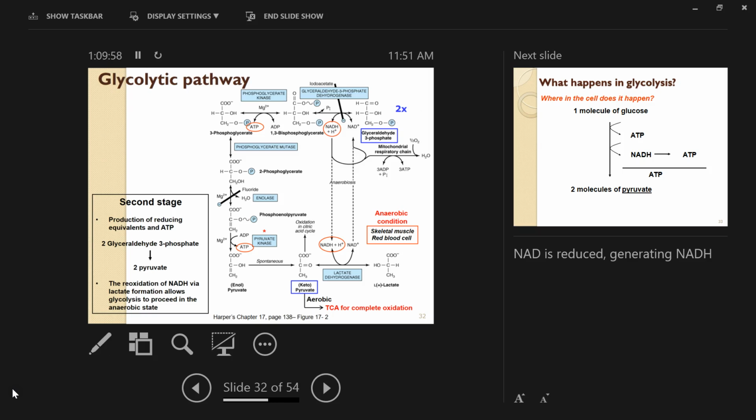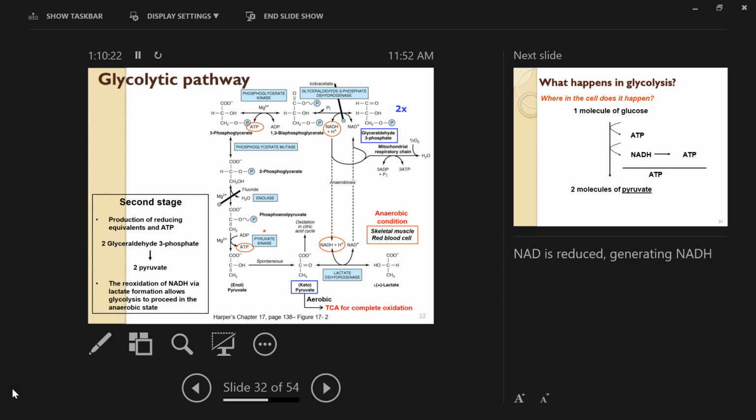And the muscle, which we're going to talk about later in the exercise session, some types of muscle fibers are highly glycolytic because they contain less mitochondria.